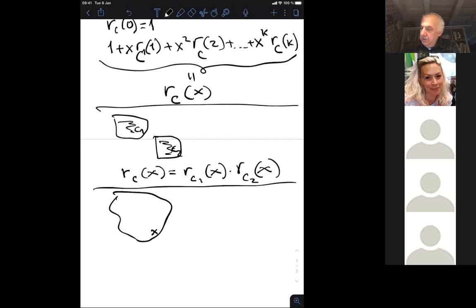If this is the original chessboard C, then we get C eliminated, CE, where we just remove this square. And then we have a chessboard CS, where we cross out the row and the column. So just erasing one square gives CE, and erasing the whole row and the whole column, we get CS.